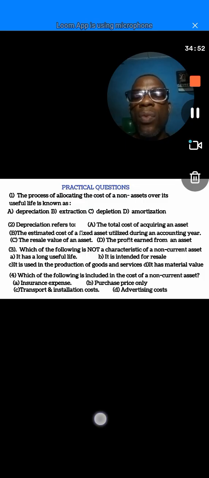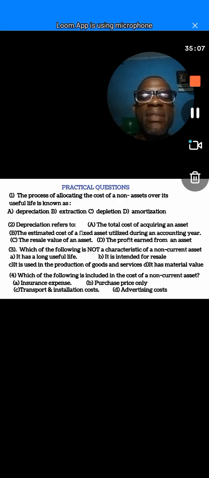Then two, depreciation refers to: A, the total cost of acquiring an asset. B, the estimated cost of a fixed asset utilized during an accounting year.